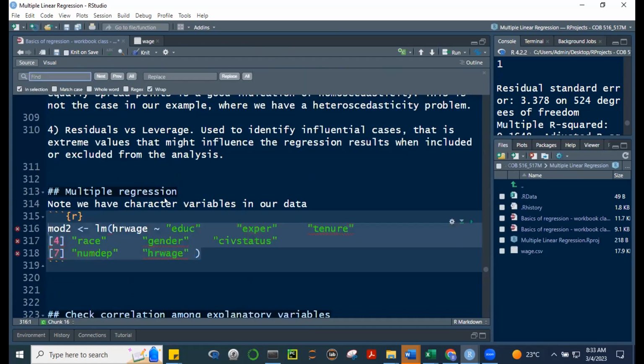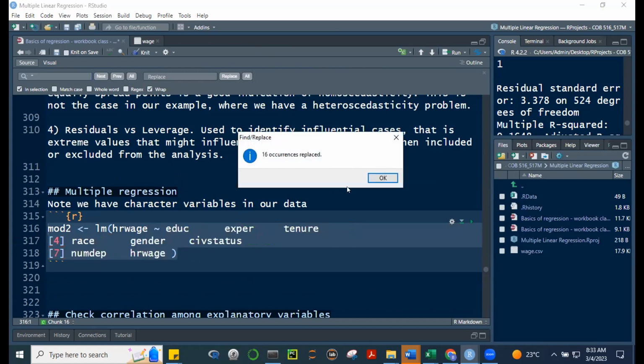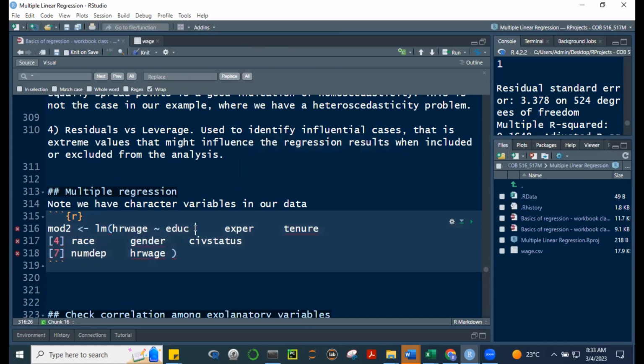Control F. Sorry, shortcut ko lang kasi para mabilis. Quotes, tanggalin, no? So tinanggal ko yung quotes. Okay, and then I'll just add plus.